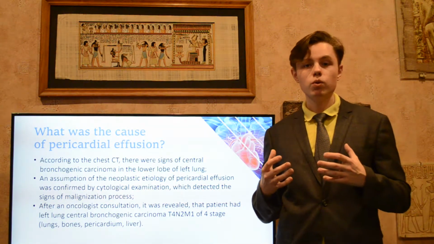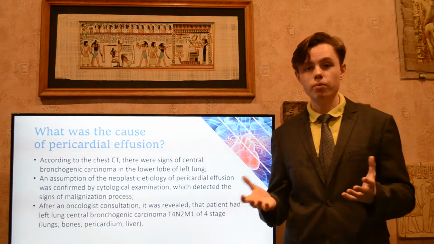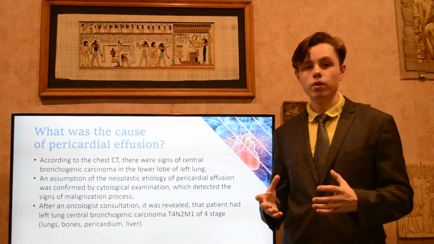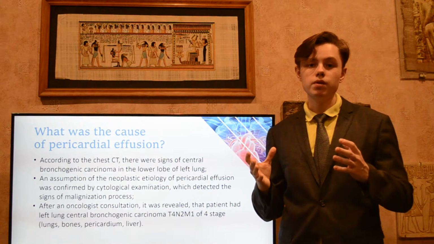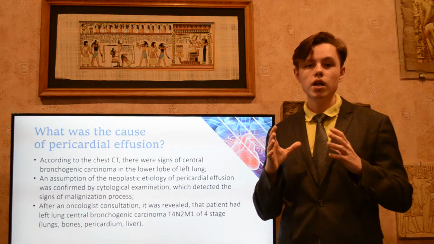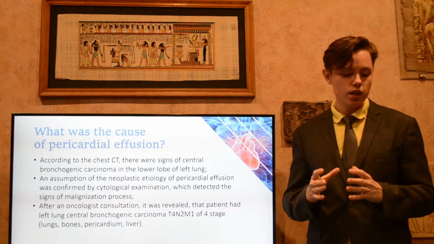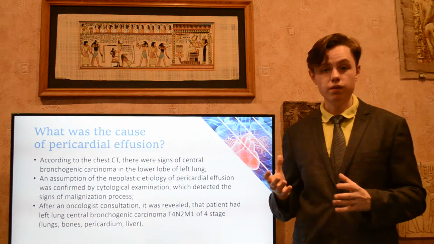The next question was to find out the reasons for the pericardial effusion. According to the computer tomography, there were found specific signs of left lung central bronchocarcinoma in the lower lobe of the left lung.